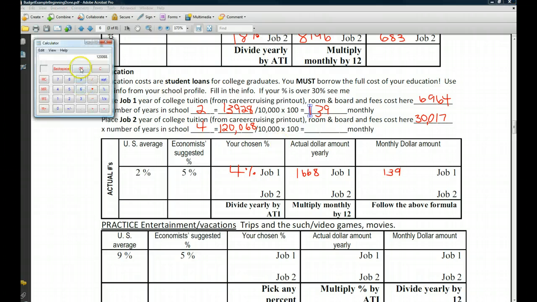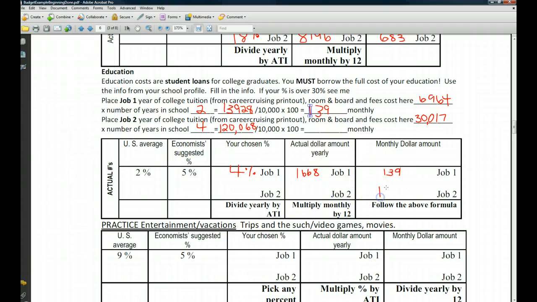All right, I am going to divide it by 10,000 and then multiply it by 100. So my student loan payments are going to be $1,200 a month.